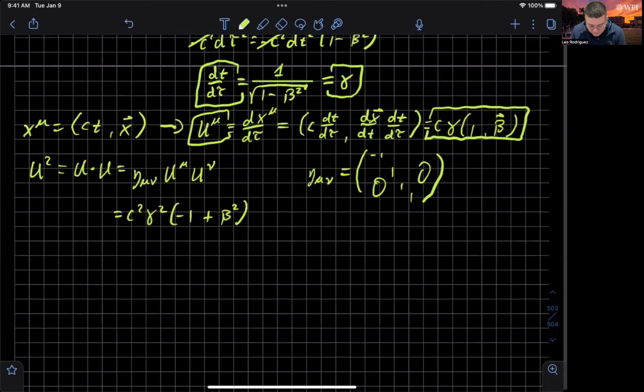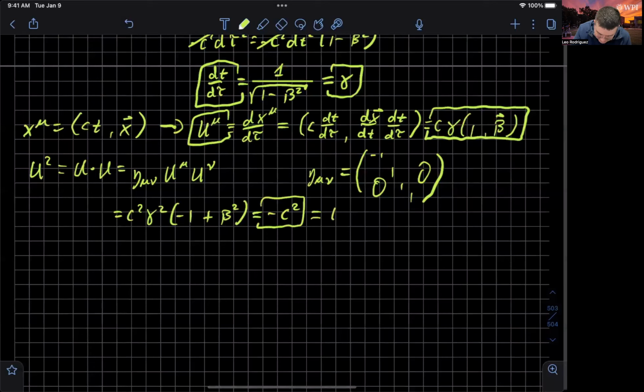And I can drop the vector over the beta now. So what do we have? Well, remember that gamma is 1 over the square root of 1 minus beta squared. So squaring that just squares this, but then I have this on the top. So I should just be left with the minus c squared here.